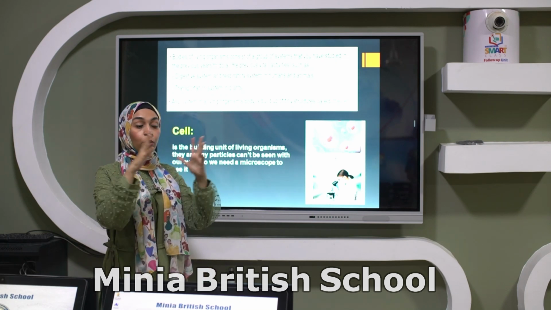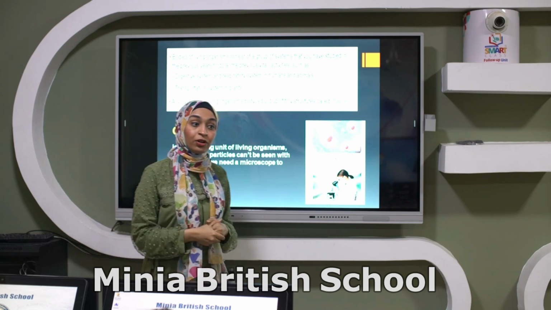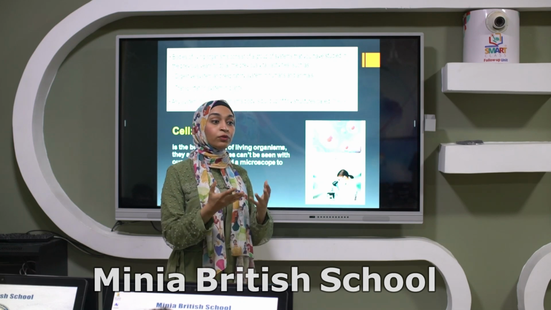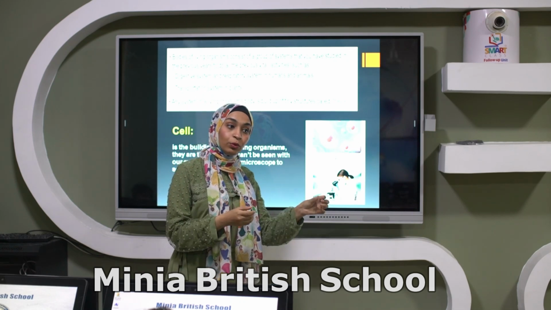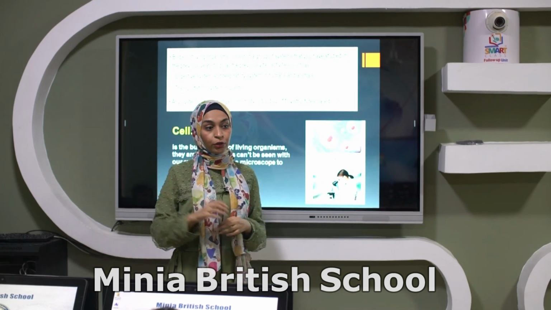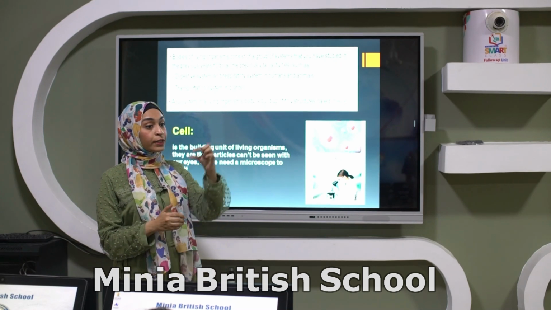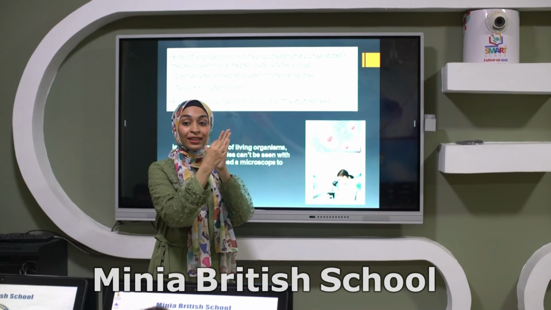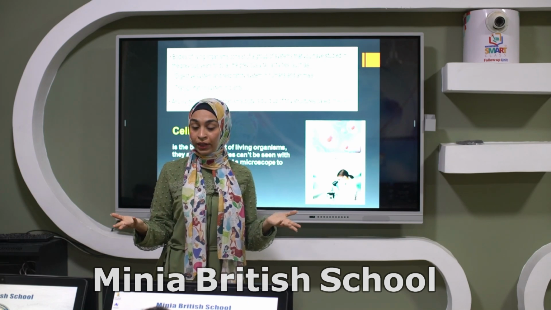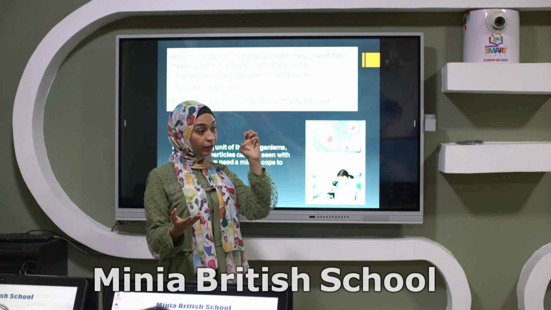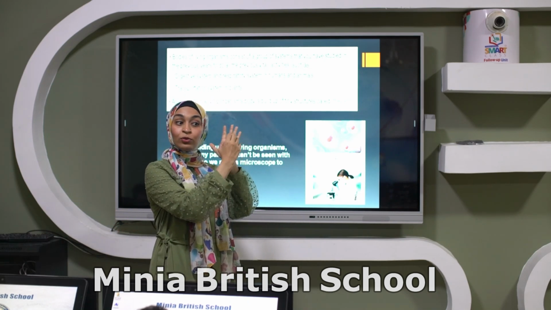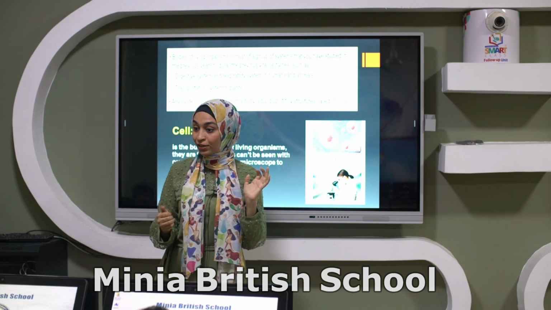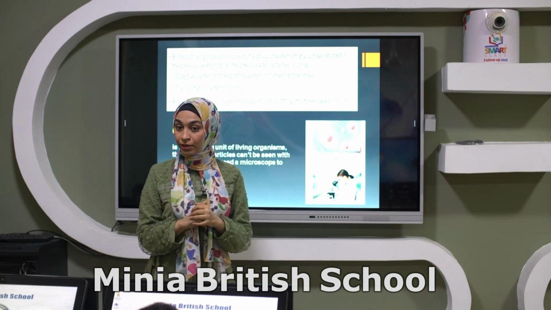What about the cell? Can we see all the cells with our naked eyes? No. Most cells are small and others are large. If I have a small picture and I want to see its details, what should I do? I can use my mobile, zoom in to see its details, its components.